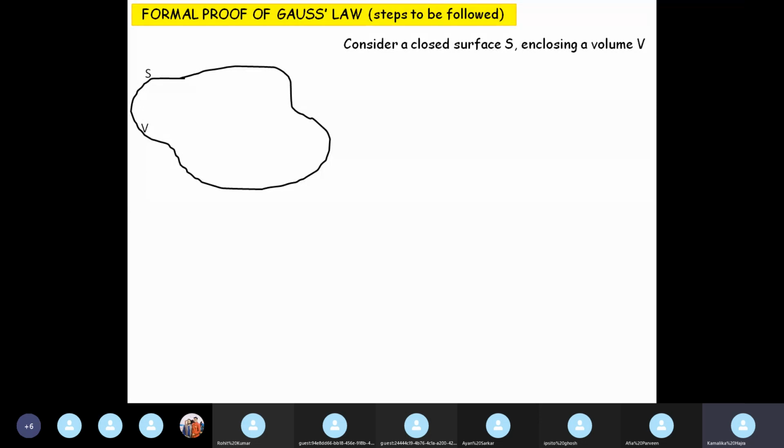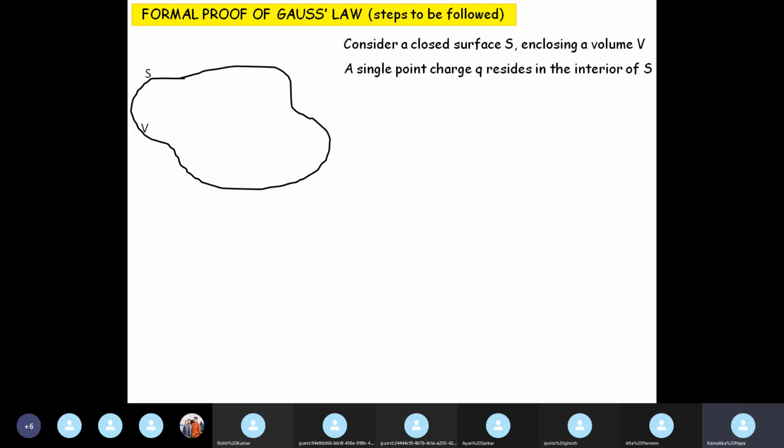It is an enclosure which has a volume V. If the surface is a regular one, then you can think of a sphere or a closed cylinder or a cube. But for the most general derivation, we will consider any arbitrarily shaped surface. We will show that Gauss's law is valid for any arbitrarily shaped surface.